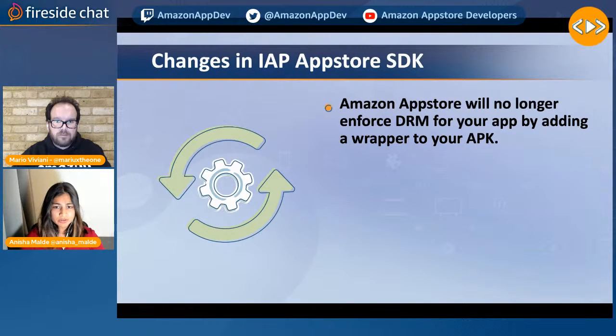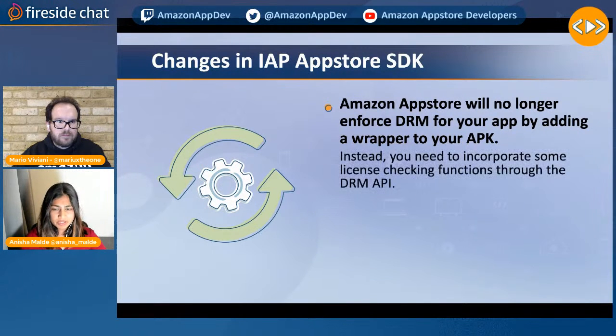Previously, when you uploaded Android APKs into the Amazon App Store, you had the option to select yes or no on the APK Files tab for whether or not you wanted Amazon to implement DRM. However, now Amazon won't add this wrapper around your APK after you submit it.